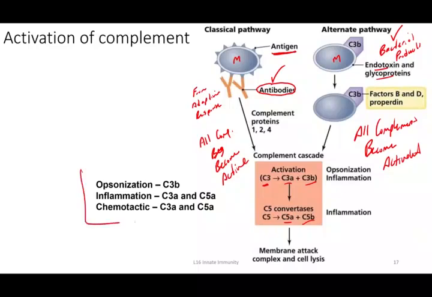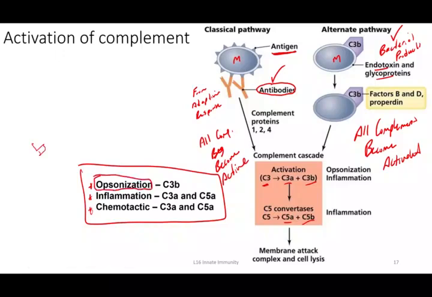So these are the only specific activated complement that I want you to know. And hopefully these functions mean something to you. So we've seen this term opsonization. So we can say C3b, that was formed by breaking apart C3 into an A and a B form.